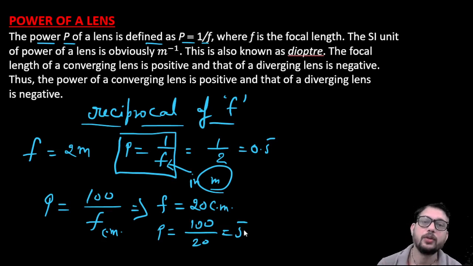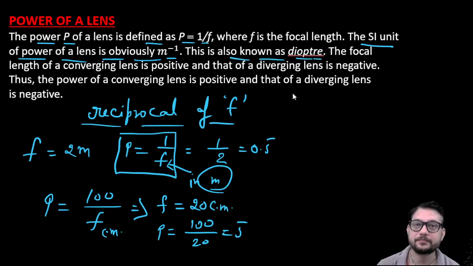Now we will see the unit. The SI unit of power of a lens is meter inverse, and it is also known as diopter. So in place of meter inverse, you can put diopter or capital D, like here it is 5D or 0.5D.